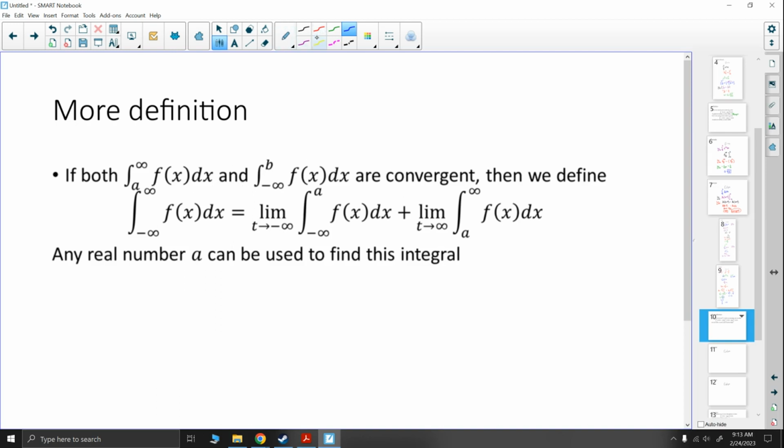The only thing I should note is that this is a typo here. They need to both go to the same point. Maybe I should make them both a, since that would make the most sense. Then this is the integral from negative infinity to a, and from a to infinity. All right, but anyway, that's just defining that.